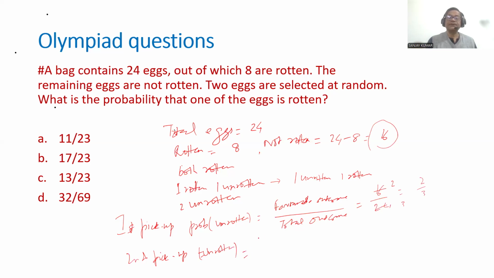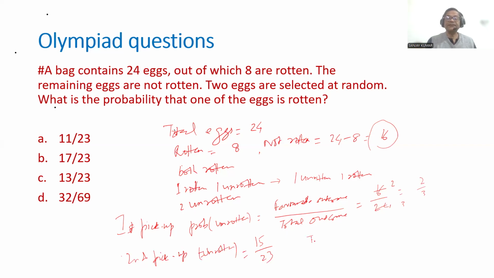Suppose you have already picked an unrotten, so how many are left? 15. So here you will write 15 favorable outcomes divided by total, out of 24 one you have taken out, so 23. After doing the first one only you are coming to the second, because both the times I am expecting that unrotten should come.